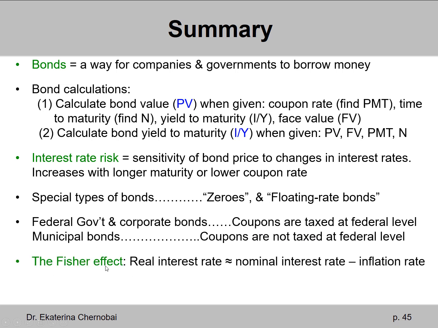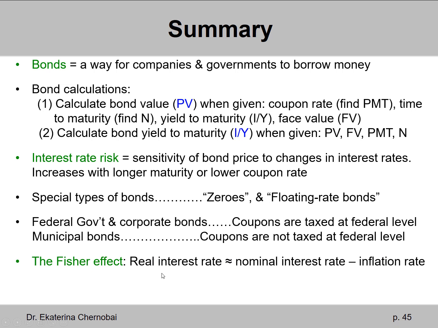Then we looked at the topic of inflation. And the formula we had is known as the Fisher effect. It says that when you earn some return on your money, whether it's in a bank or some other investment, but at the same time the cost of living is going up, your ability to buy stuff with your money is eroded by this inflation rate.